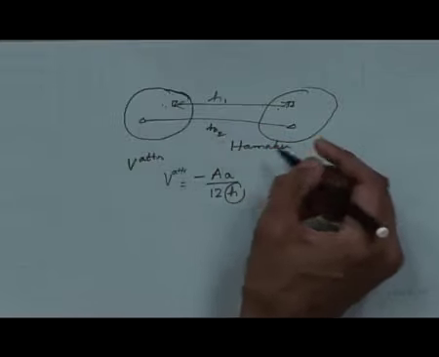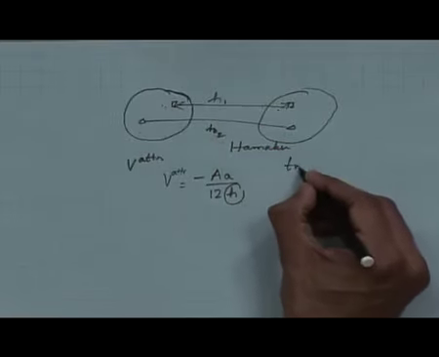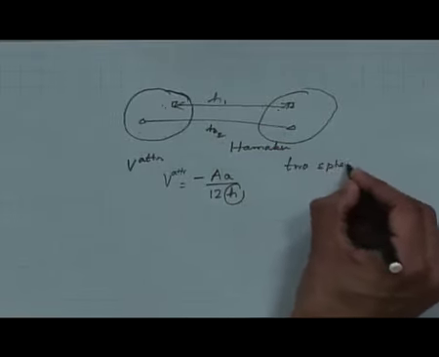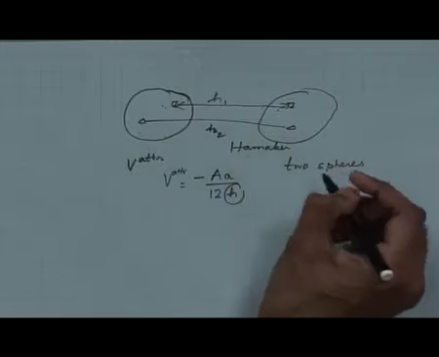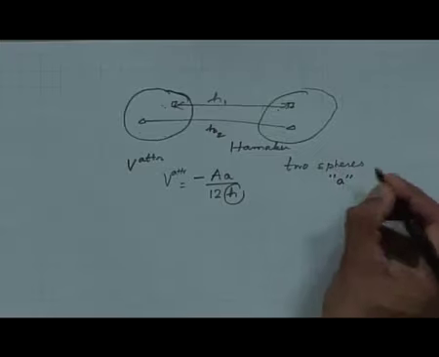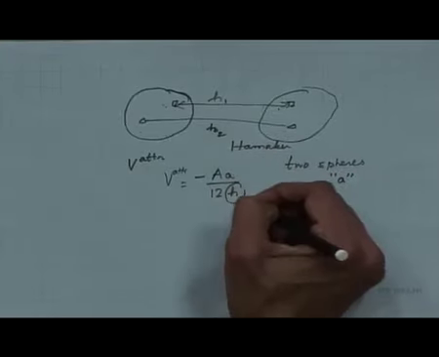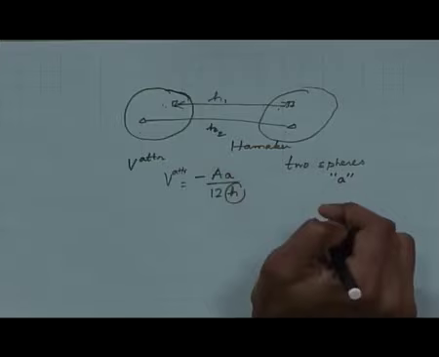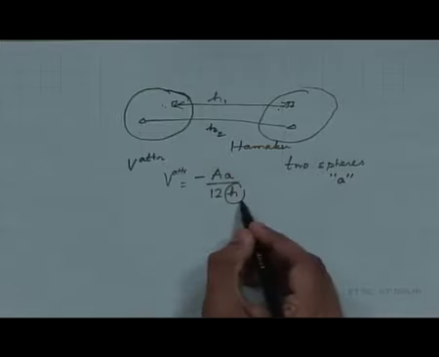So, here I am considering two spheres. The hypothetical situation where the two colloidal particles are two spheres with radius a and the distance between the two is H, and this attractive potential has this form.